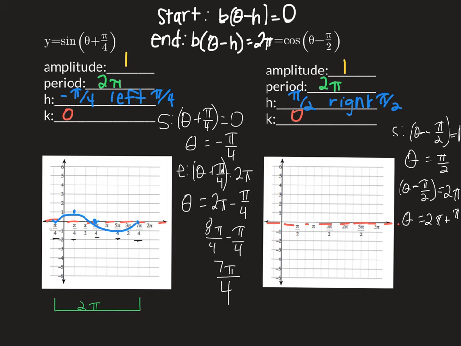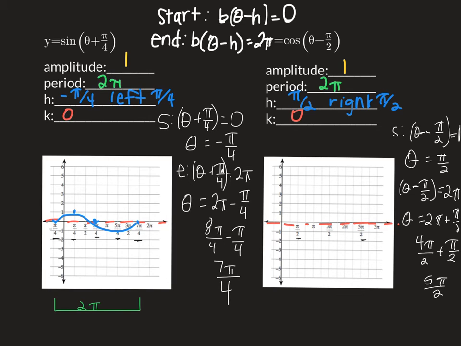Well, 2 pi is 4 pi over 2 when we're dealing with an over 2 part, plus pi over 2, which gives me a total of 5 pi over 2. So that means for this particular problem, if I start at pi over 2 and I end at 5 pi over 2, I need to find the middle points.